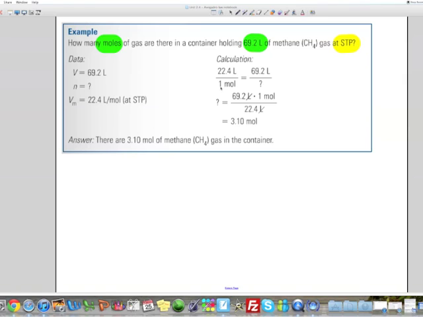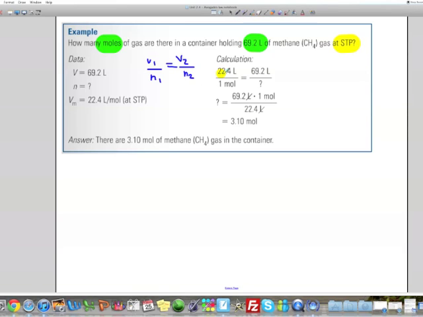So all we need to do is do the ratio. Again, you're using that famous equation, V1 over N1 is equal to V2 over N2. So here they replace the volume. I'll use the same colors.